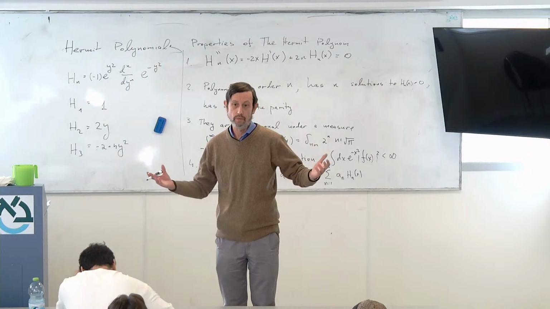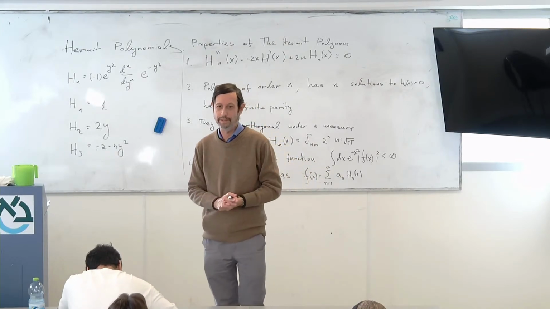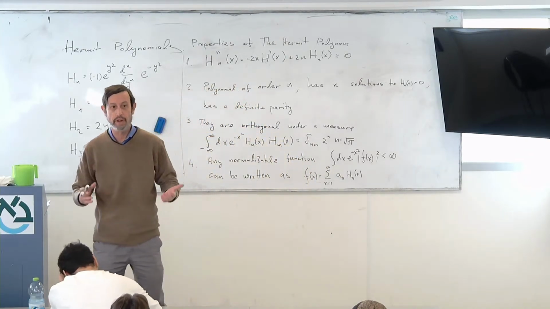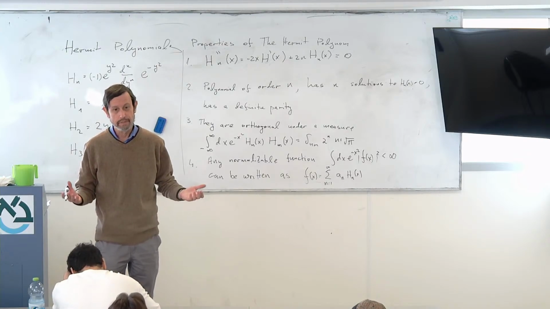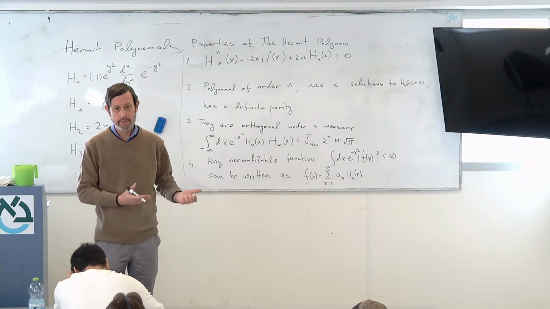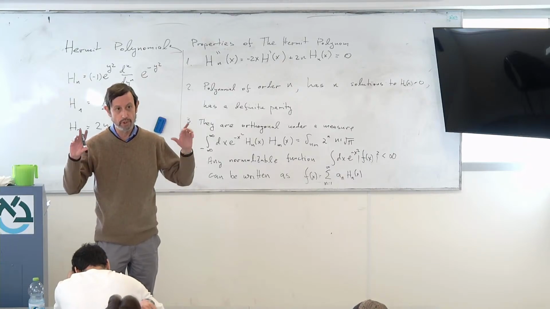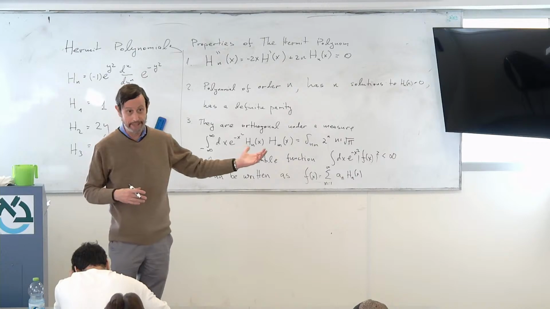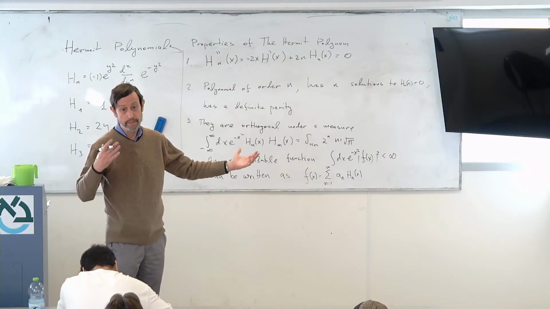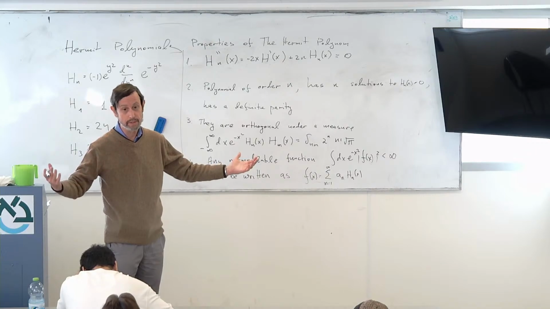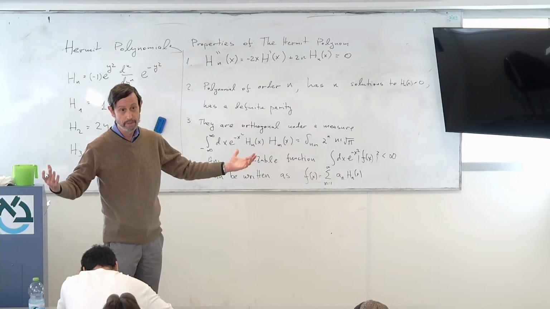How do I prove that it works for any function? I don't need to. Any function which is a kosher wave function, meaning I can normalize it, I can write down as a sum over the basis functions. Finish.